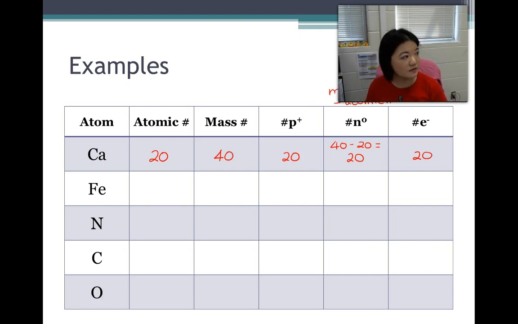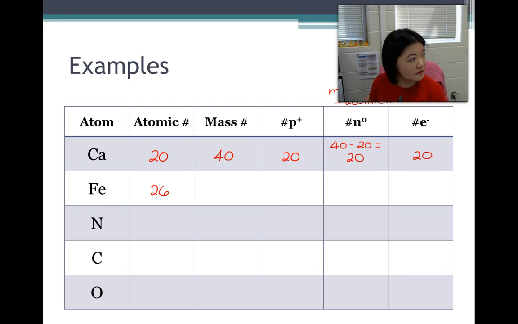Okay, our next example is Fe. Fe is iron. So I'm going to look at my big periodic table in the classroom, and you look at your own periodic table. Fe is in the middle, and it is number 26. So its atomic number is 26.